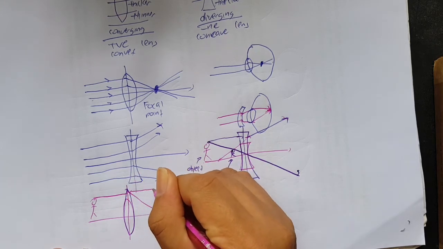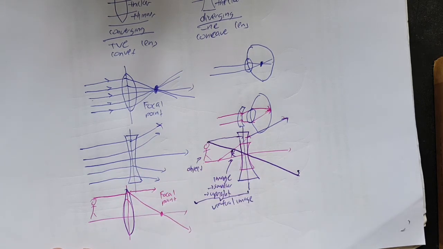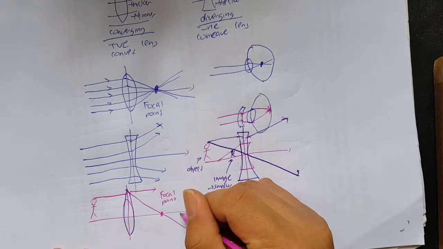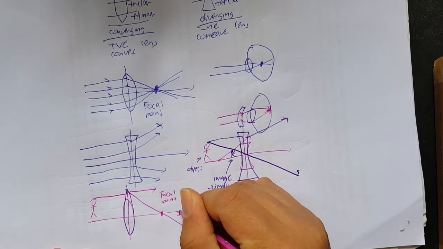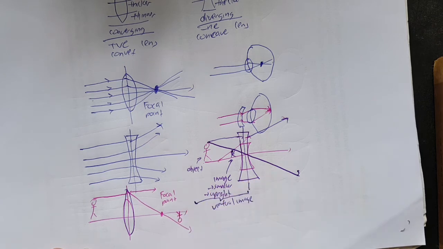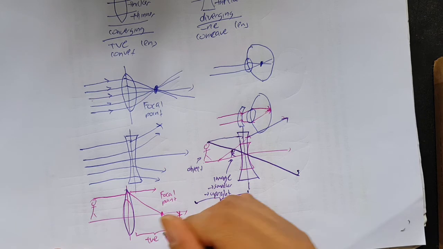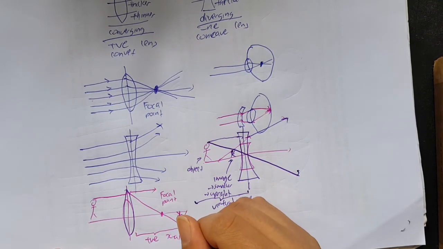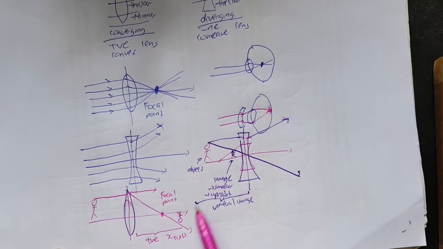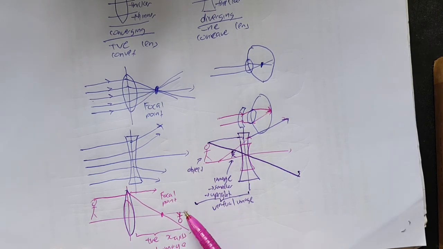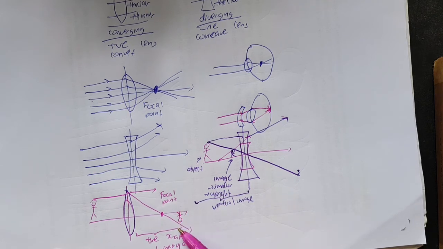And from here to here will be your focal length. The image will appear somewhere over here. Let me draw here. The image will appear on the positive side of the x-axis. So anything that appears here, we'll term it as a real image. Normally the image will be smaller and inverted.